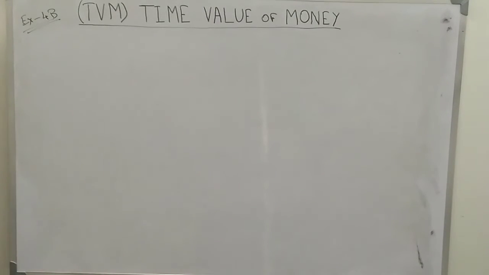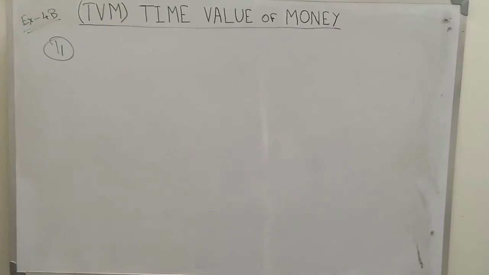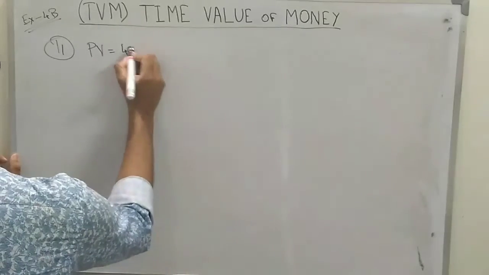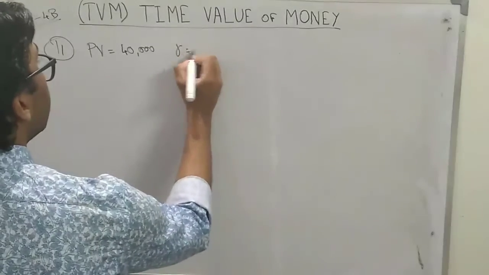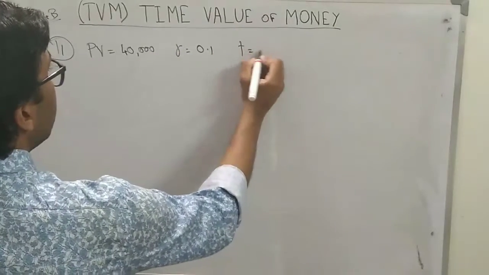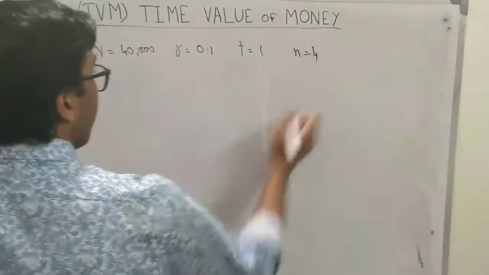Now question number 11. The question is given as the compound interest on rupees 40,000. That means the present value is 40,000 at 10% per annum for 1 year. Rate of interest is 0.1, T is 1 year, when the interest is payable quarterly, so N is 4.